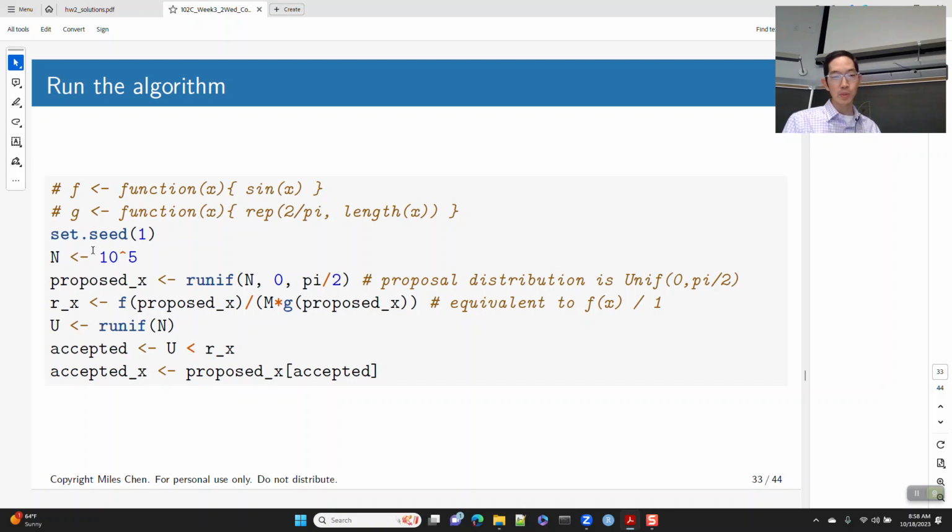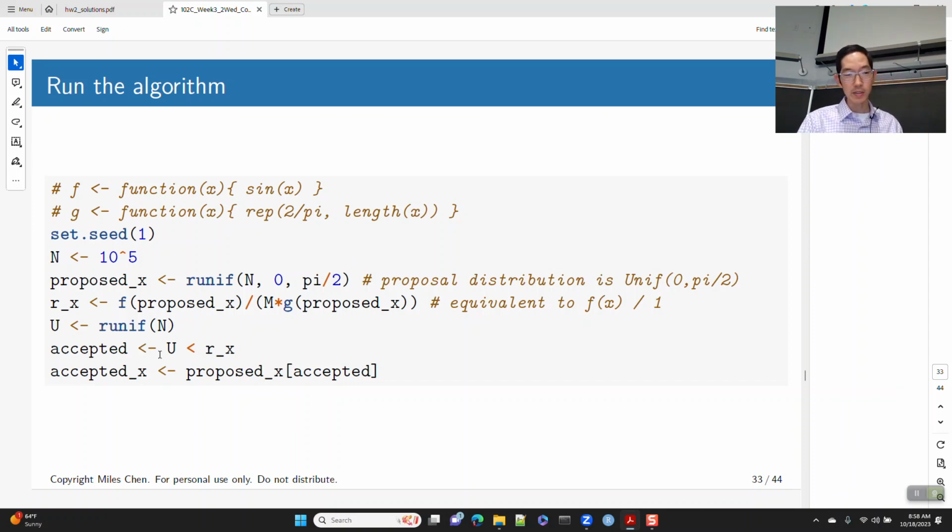Okay, so we will generate values from the uniform distribution, this time going from 0 to pi over 2, and then we will look at our proposed ratio. We're going to plug in sine of x, so our f is this function, and our m times g is just going to be equal to 1, right, because g is 2 over pi.